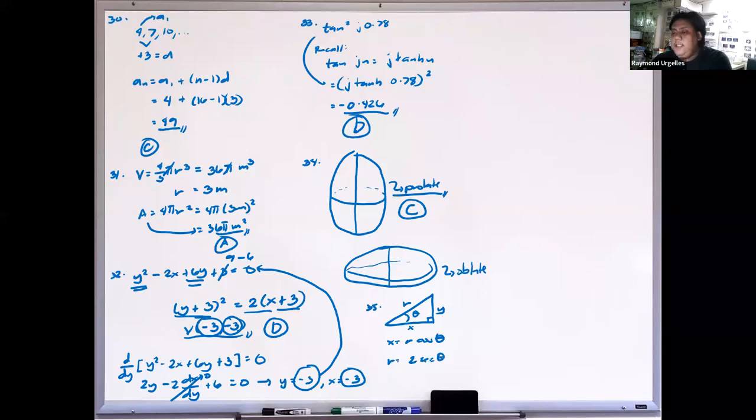So remember, secant theta is the reciprocal of cosine. So yung lumalabas dito, R cosine theta is equal to 2. But remember, what's R cosine theta? X. Diba? So X is equal to 2. This is a vertical line. So therefore, this is a straight line. So we have letter A.